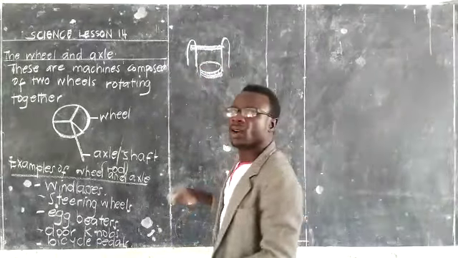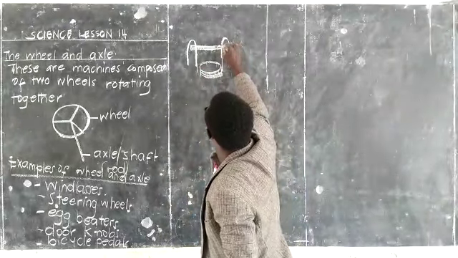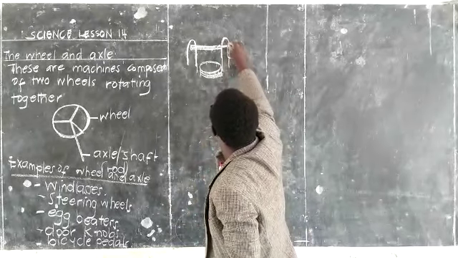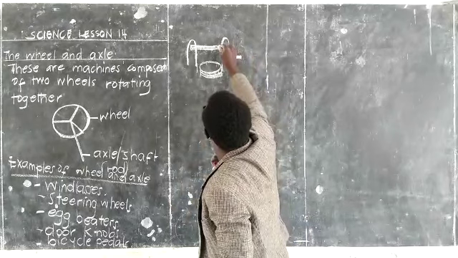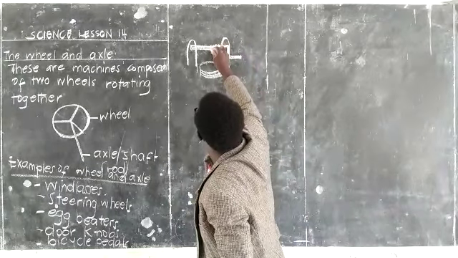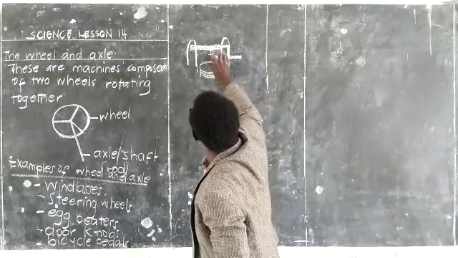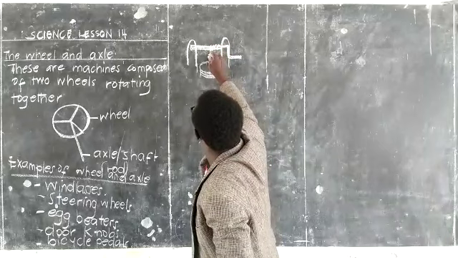So the windlass is connected where we have the handle here, and a string or a rope is tied onto a bucket.